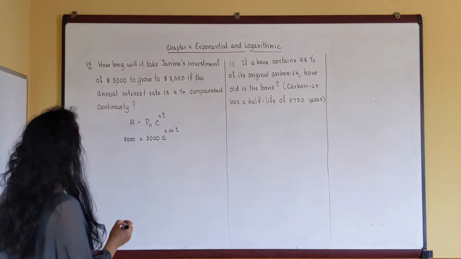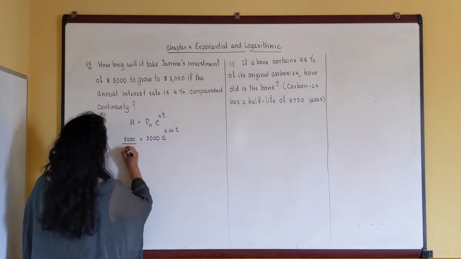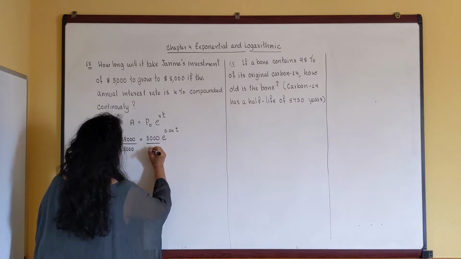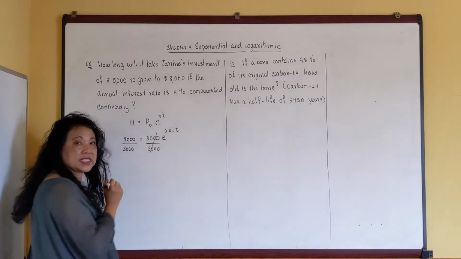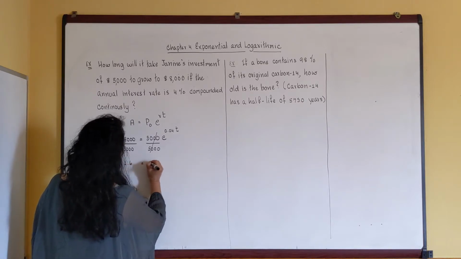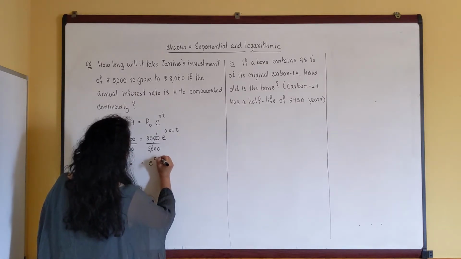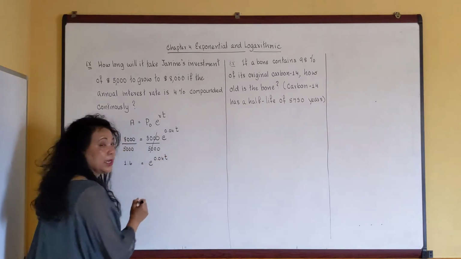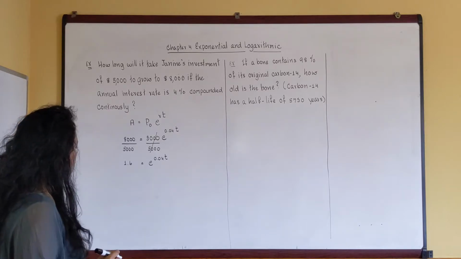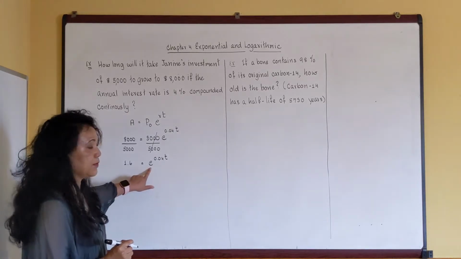So the first thing I'm going to do is divide both sides by 5,000, just to get rid of this 5,000. I think this is 1.6 equal to e^(0.04t). The unknown here is the time and it's in the exponent, so I'm going to take log base e because I have e here.